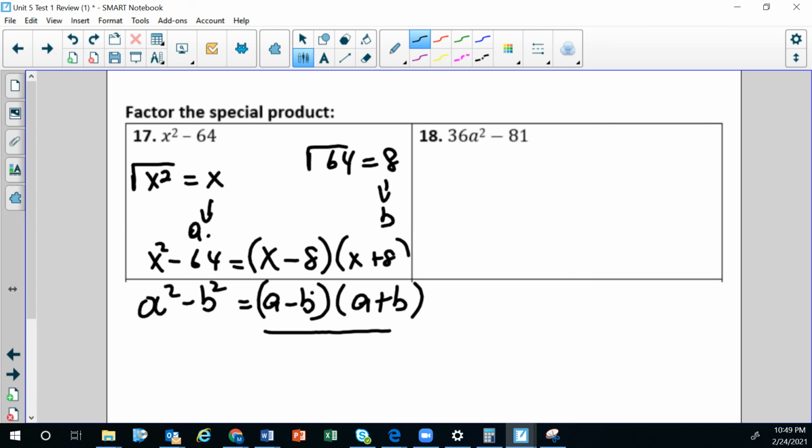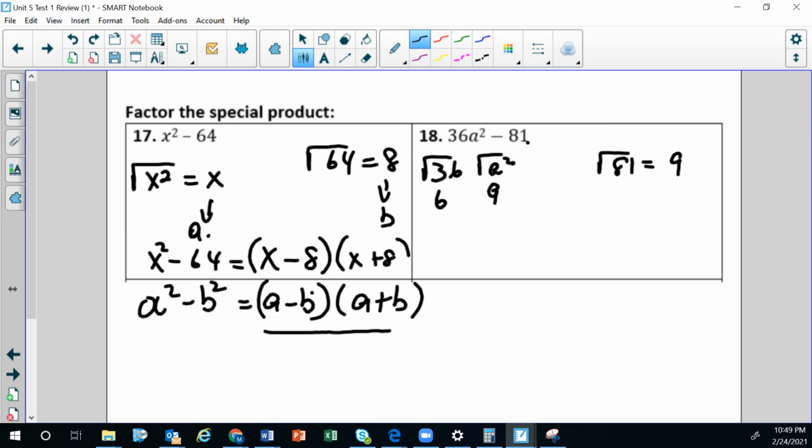Okay. And then for this one, on number 18, again, if you look at it, the last number, 81, is a perfect square. If I take the square root of 81, I get 9. And the first term, if I take the square root of 36, that is 6. And the square root of a squared is a.